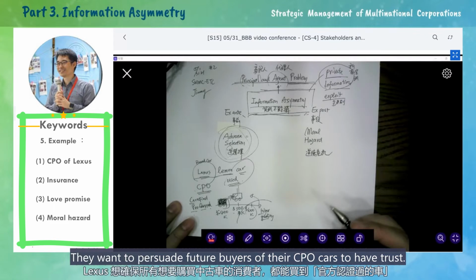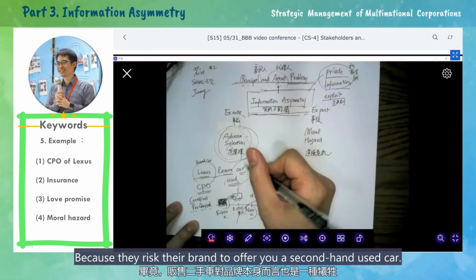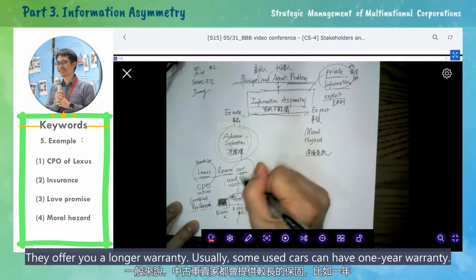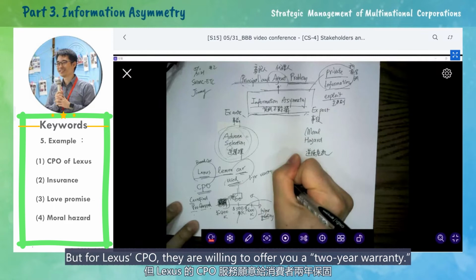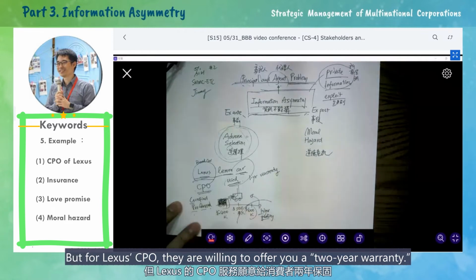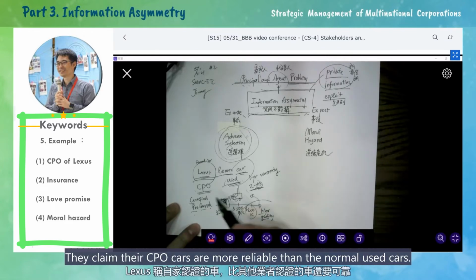They want to persuade future buyers of their CPO car to have trust, because they risk their brand to offer you the second-hand used car, and they offer you a longer warranty. Usually a used car may only offer a 1 year warranty, but Lexus CPO is willing to offer a 2-year warranty, because they claim their CPO cars are more reliable than normal used cars.